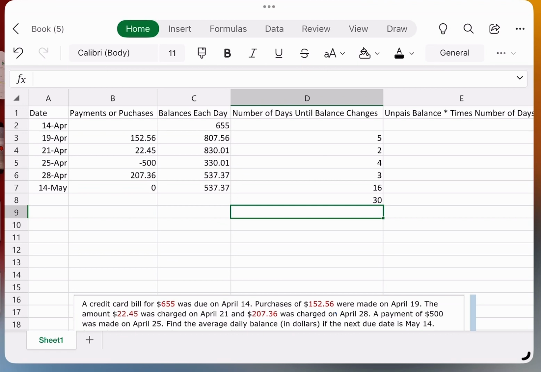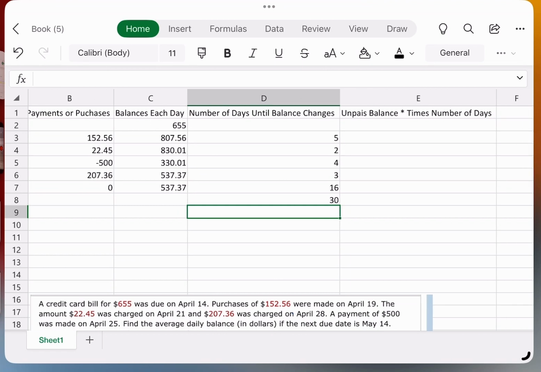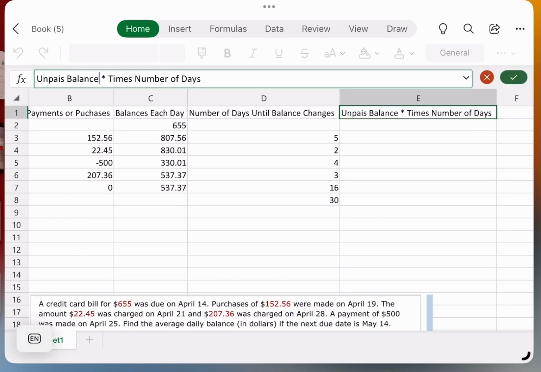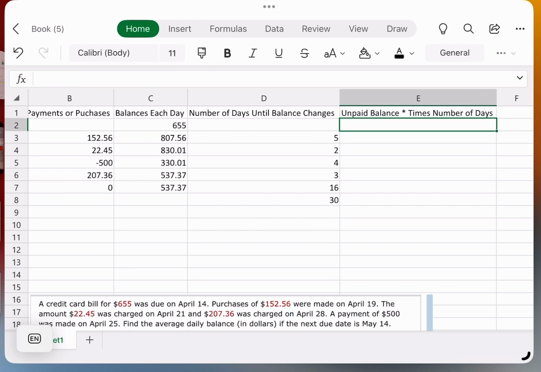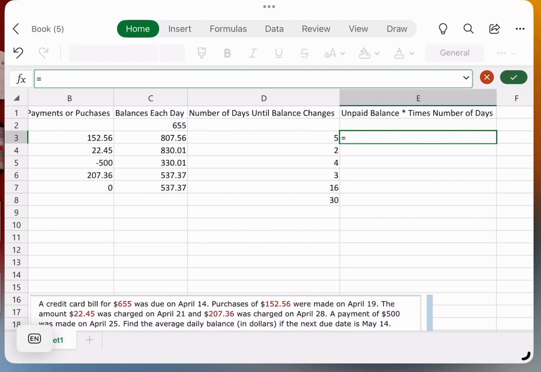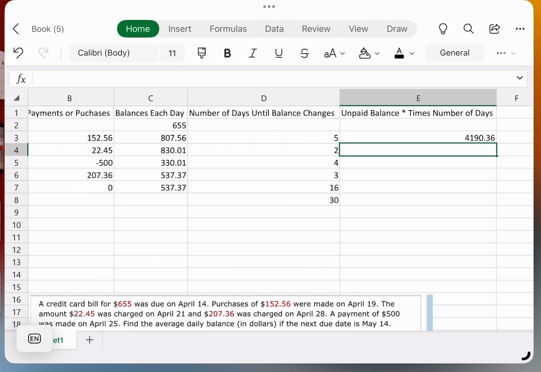So in the month of April we have 30 days, and the unpaid balance, it's a typo there, paid balance, and I did it again, unpaid. So this right here is equal to, it says the unpaid balance is this times the number of days, plus this, I believe. So I can also formulate this.